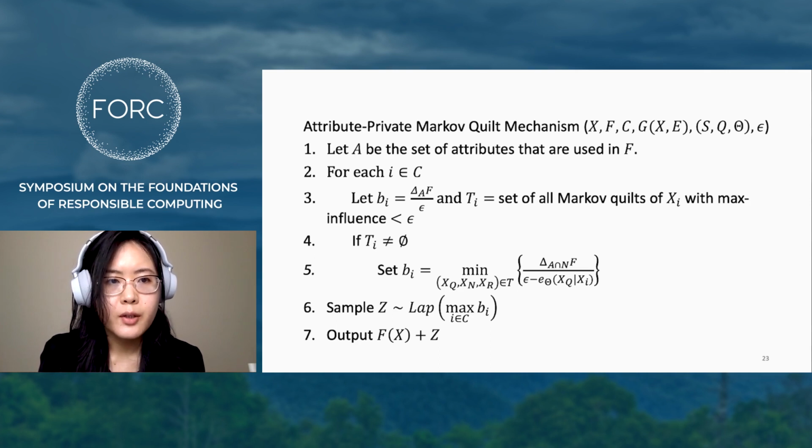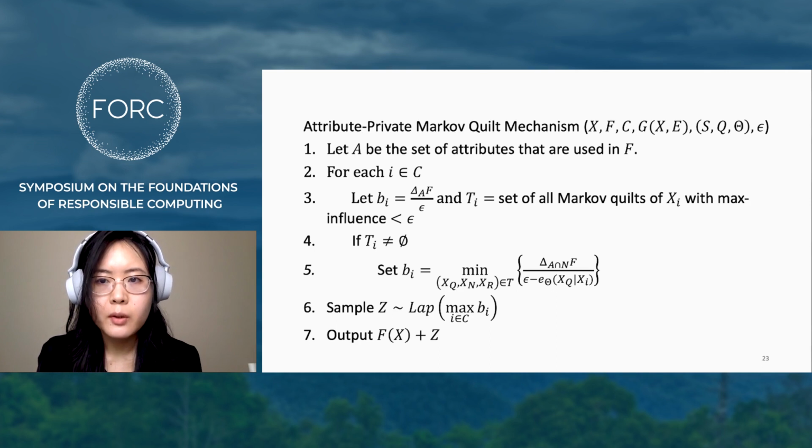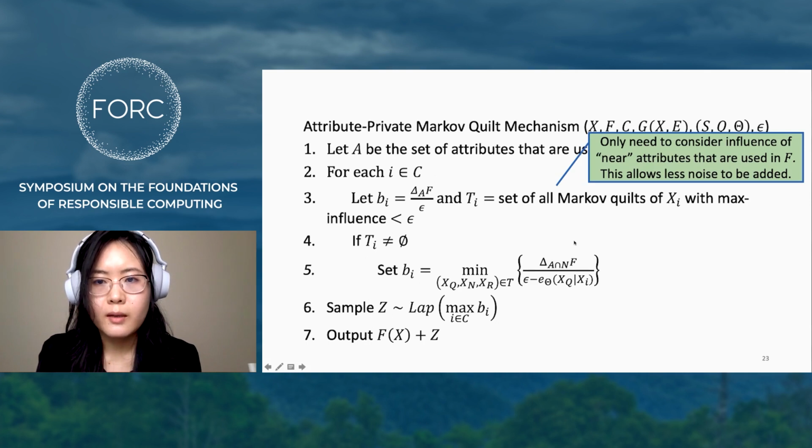So this is the attribute private Markov quilt mechanism. At a high level, we add noise to the output of f scaled based on the sensitivity of f. We only need to consider the influence of the nearby attributes on f, and this allows less noise to be added.